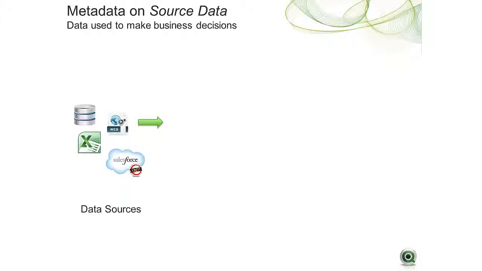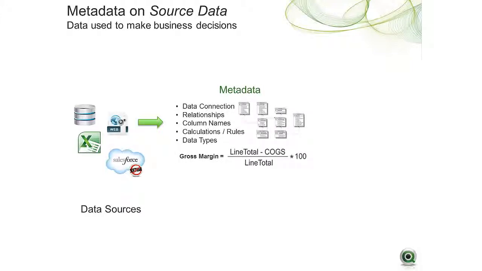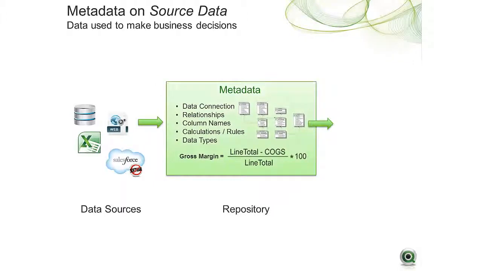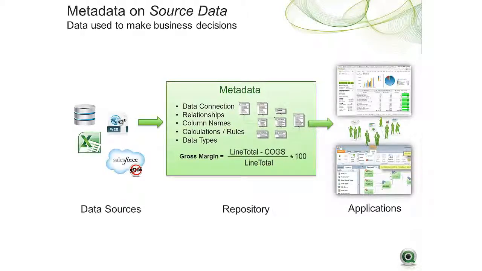This sort of metadata is typically created to shield the user from the complexities of the underlying sources, such as its origin, referential integrity, cryptic field names, complex calculations, business rules, data types, and much more. When stored in a centralized metadata repository, it provides a reusable and consistent approach for development and analysis of business discovery applications, in turn reducing development time and improving overall data confidence amongst business users.